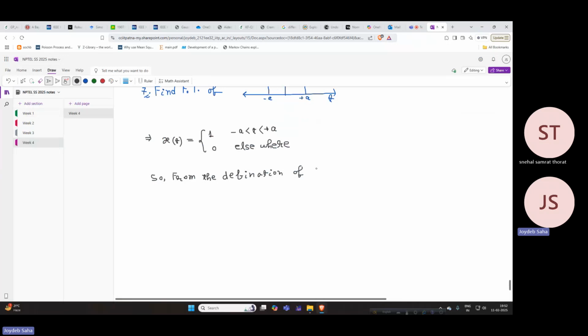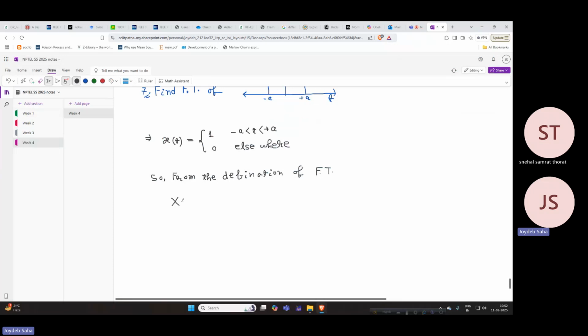From the definition of Fourier transform. So what is the basic definition of Fourier transform?